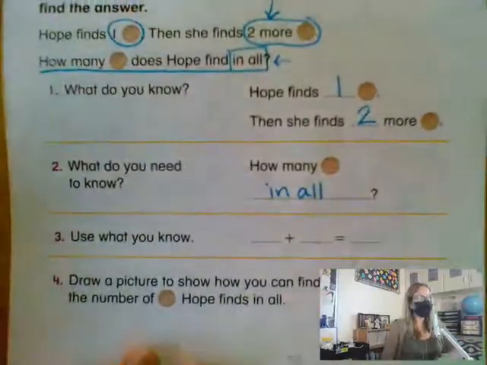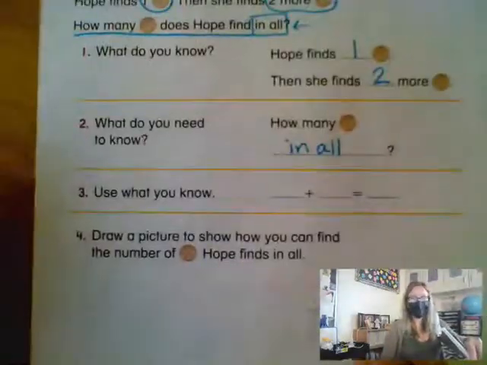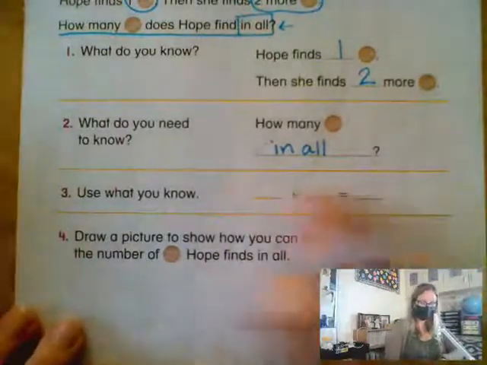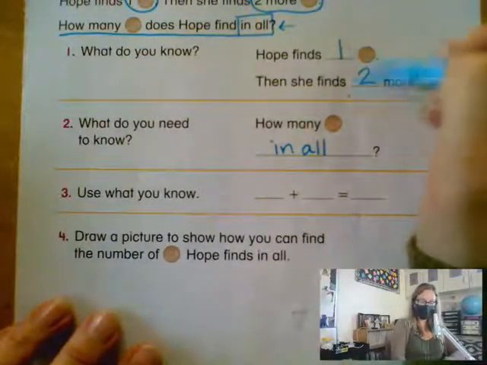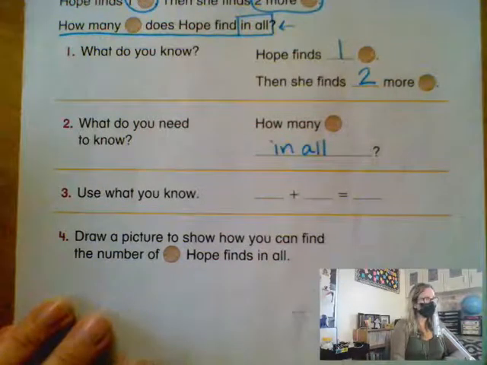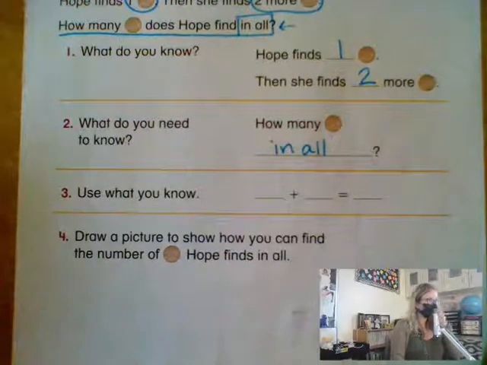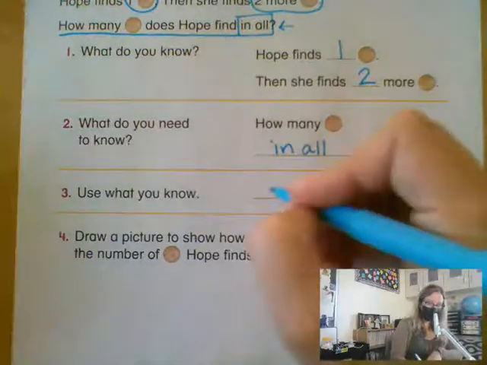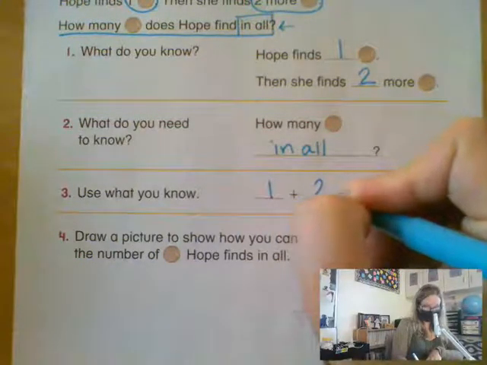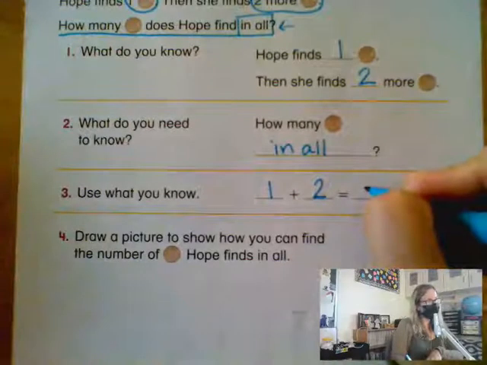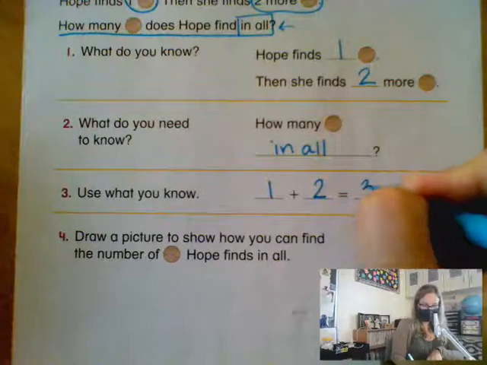So let's use what we know, Faith. Could you tell us the addition equation or the number sentence we would use, using the numbers up here that we know? 1 plus 2 equals 3. Excellent.